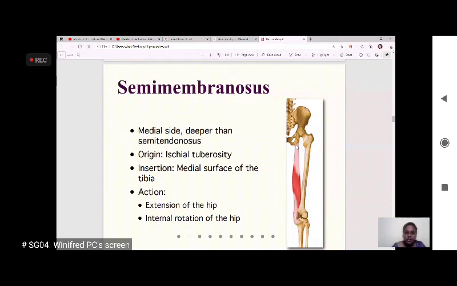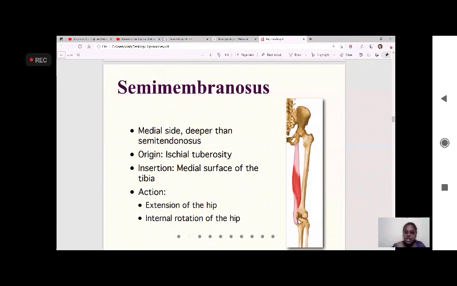From lateral to medial direction, first comes the biceps femoris, which inserts into the fibula, next comes the semitendinosus, and next to that is the semimembranosus, which gets inserted into the medial surface of the tibia.